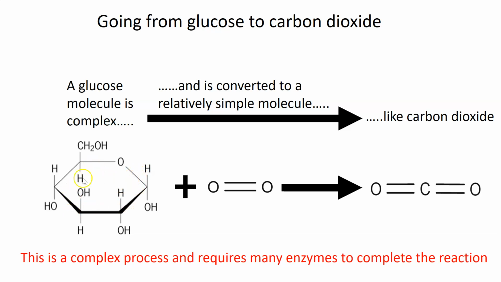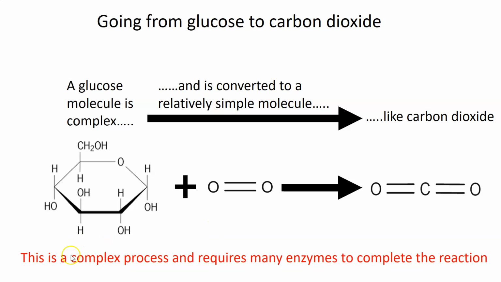We break them in a stepwise manner, releasing the high energy electrons, which are then picked up by the oxygen in cellular respiration. And those high energy electrons that we've extracted are used to power the production of ATP.